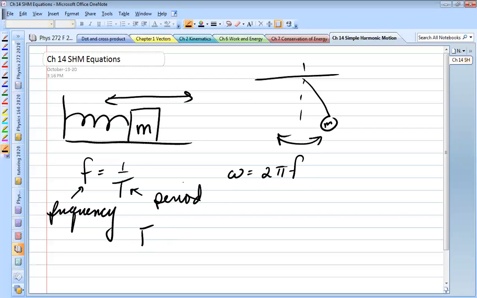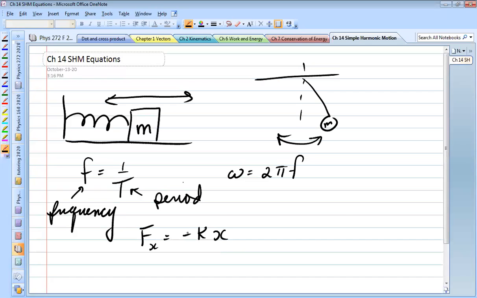Now, for this spring, in order for that mass to go back and forth, there has to be something called a restoring force, and that is defined by Hooke's law. This is Hooke's law, Fx is negative kx. Now, we saw that in chapter 7 when we defined the elastic potential energy, which is directly related to this force.